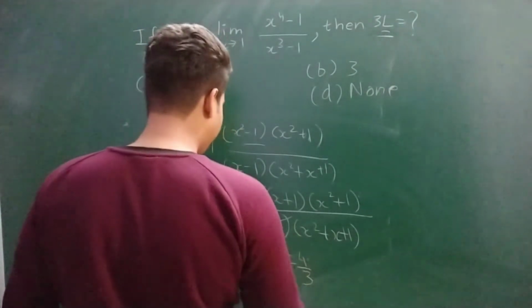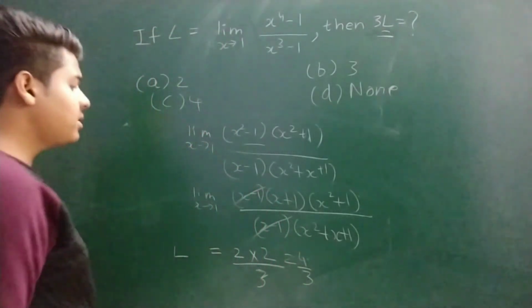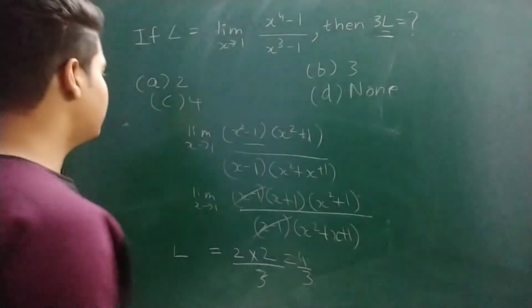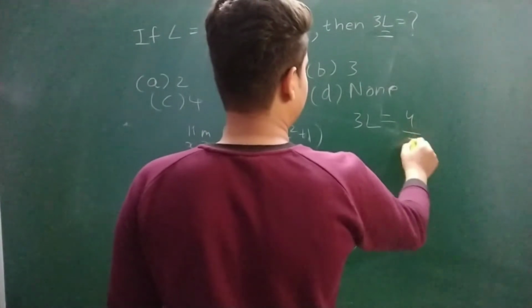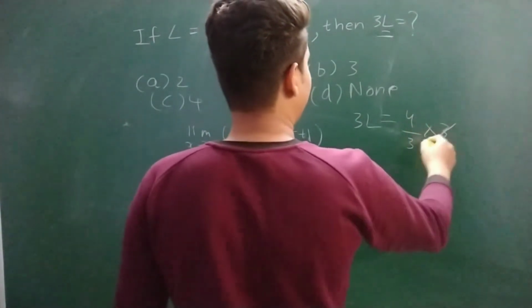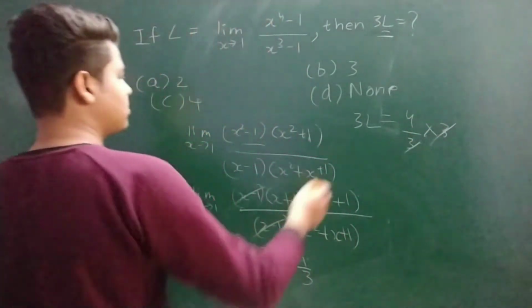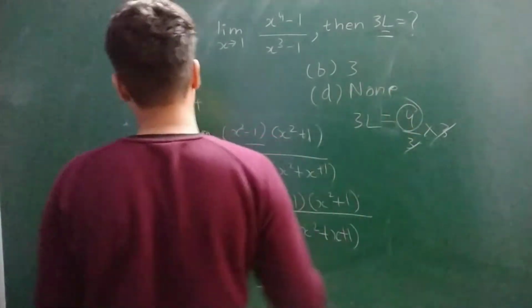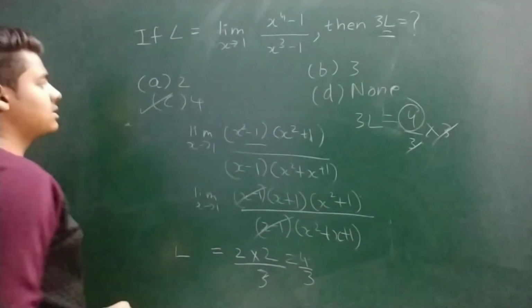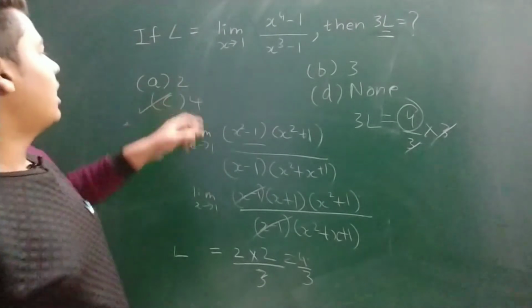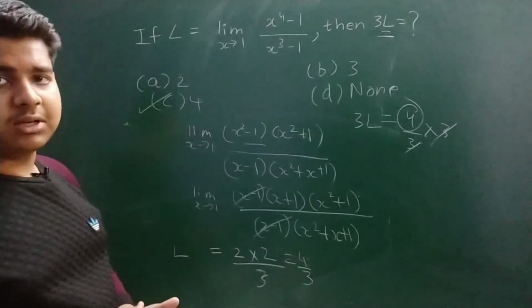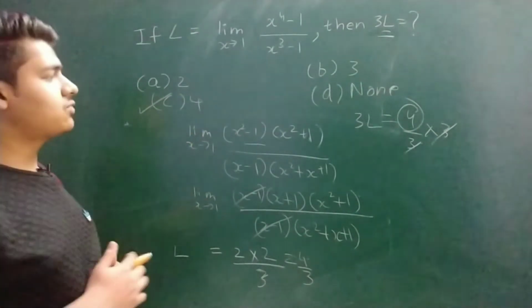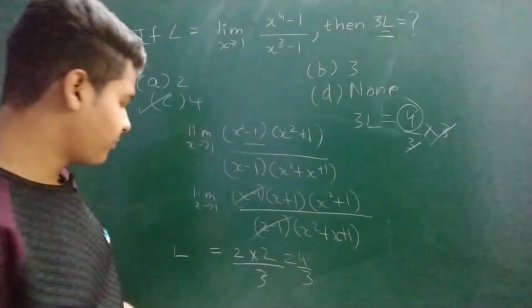This is the value of L, but we have to find the value of 3L. So we multiply 4 by 3 by 3, and the 3 and 3 get cancelled out. Our final answer is 4, that is option C. Amongst options A, B, C and D, that is 2, 3, 4 and so on respectively, option C, that is 4, is the correct answer.